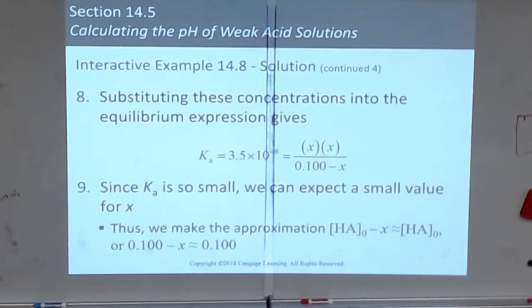So hopefully by now you can go ahead and crank this out and solve, because you can figure out the hydrogen ion concentration, and once you do that, then you can find the pH.